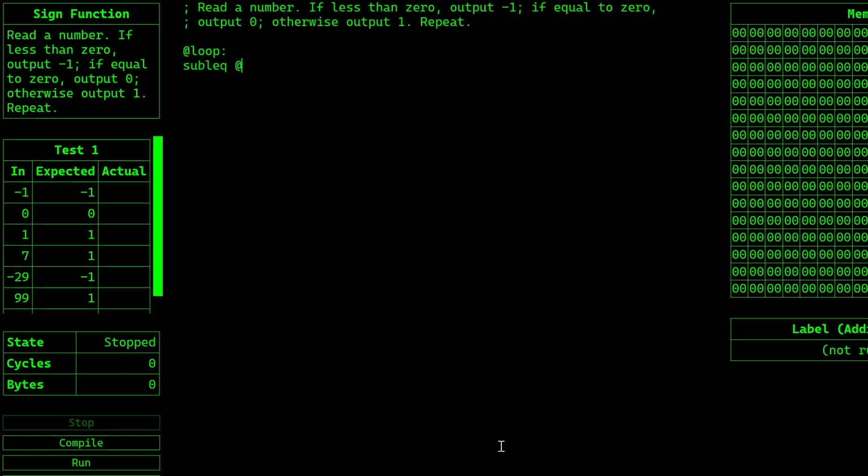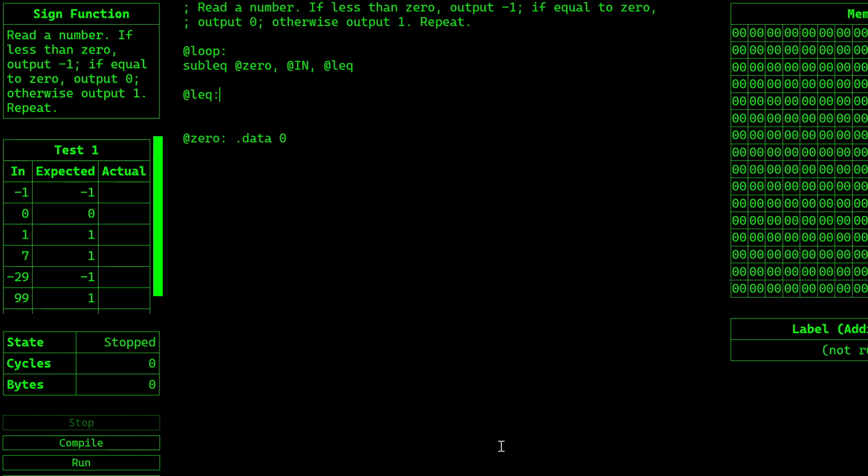And we want a subleak from, let's say, at data 0. So subleak into 0 from input, and if the result is less than or equal to 0, let's jump to at leak.